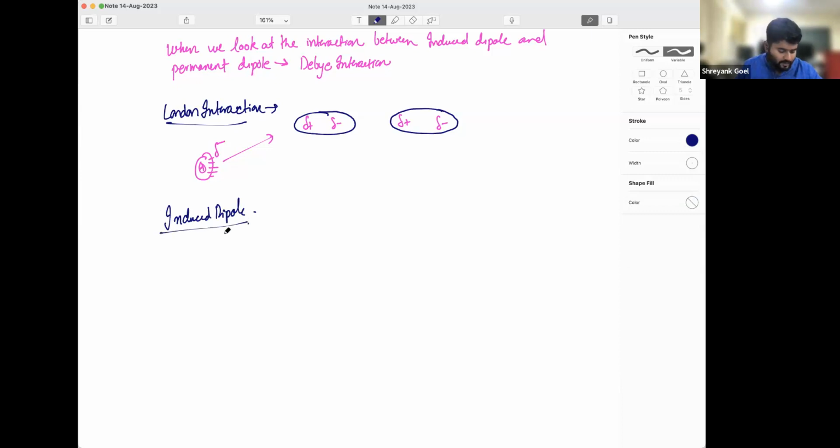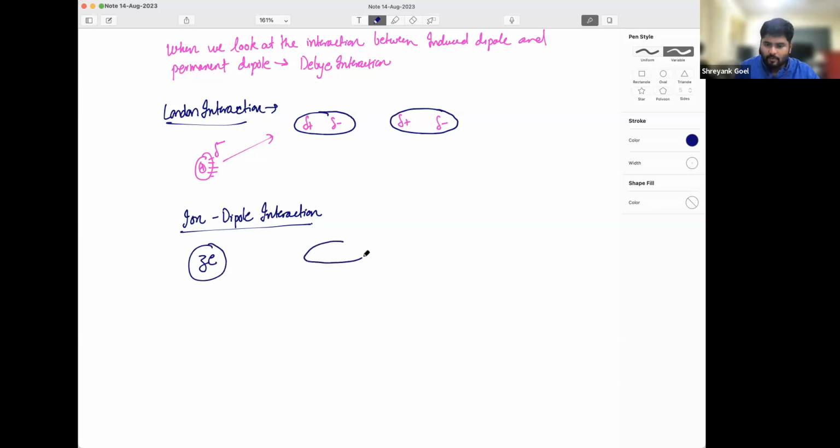For the case of ion dipole interaction, we have an ion, let's say some ion having a charge Z, and there is interaction between this and some dipole.